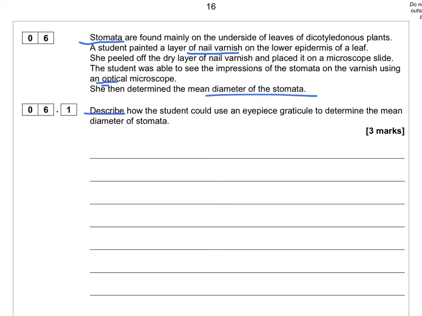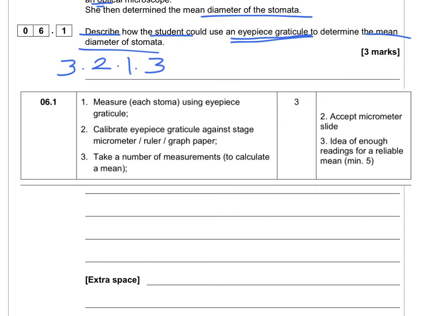So the first question: describe how the student could use an eyepiece graticule to determine the mean diameter. This is related to methods of studying cells, 3.2.1.3. To measure the diameter of each stoma, you're going to first use the eyepiece graticule.